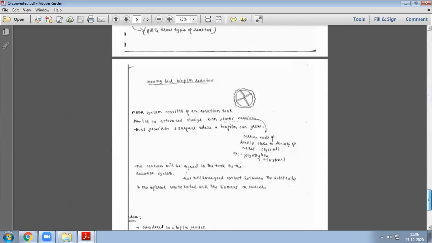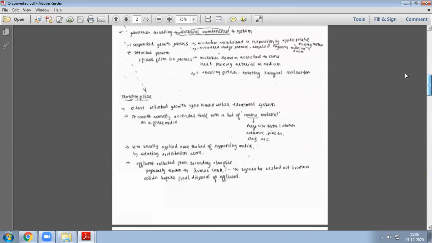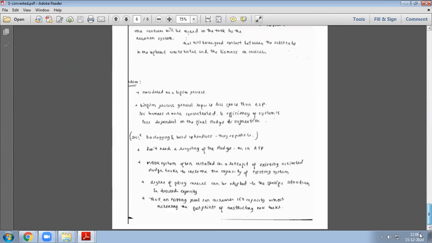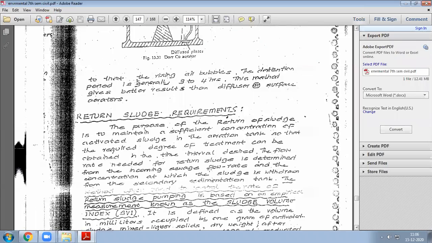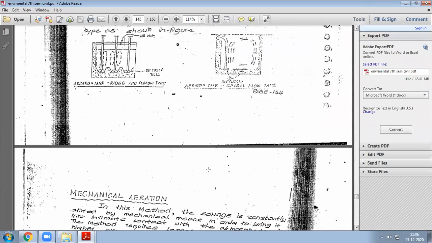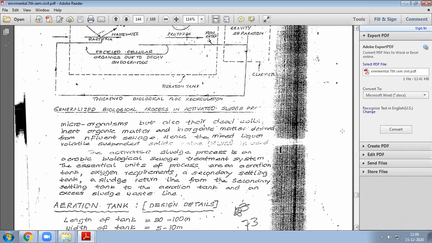It's here only, I think. It's not here. Okay, I think I'll try to do it in the next class because I have to find the PDF. Wait. Sludge digestion bed.